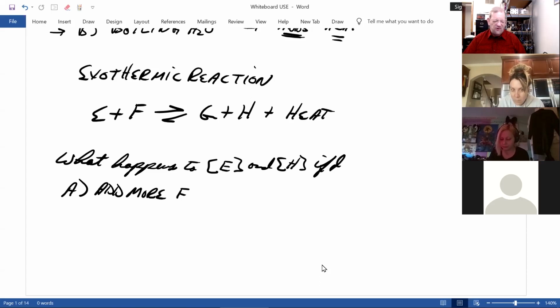Why don't you try this one first, and then Dr. White will show you how to do it. What happens to the concentration of E and H if I add more F? The stress says, oh no, I've got too much F. You didn't know equilibrium can do that.